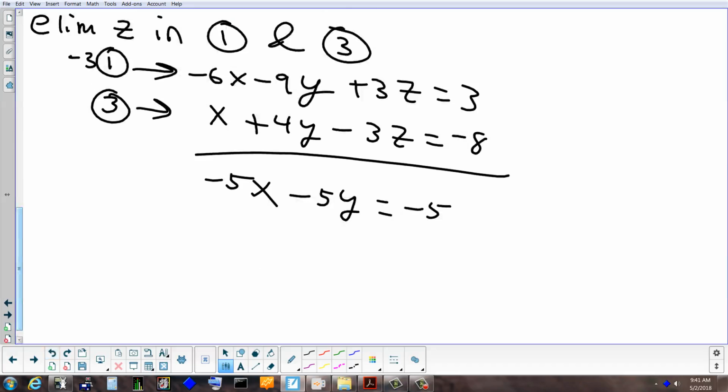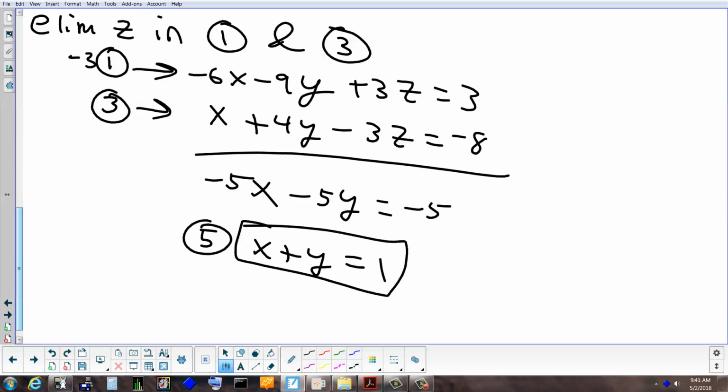What could I do there? Gracie? Yeah, if I want to make everything a little smaller, just divide everything by negative 5. So that would be x plus y equals 1. We'll call that equation 5. Any question on that? It's not necessary, but it's going to make the next step even easier.